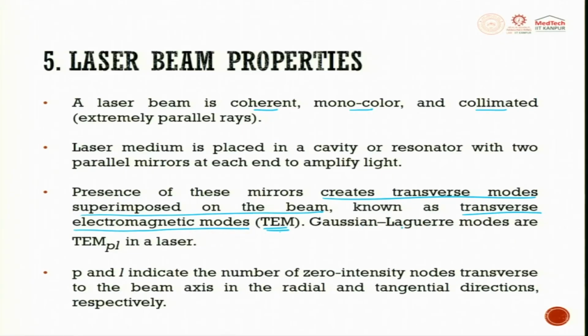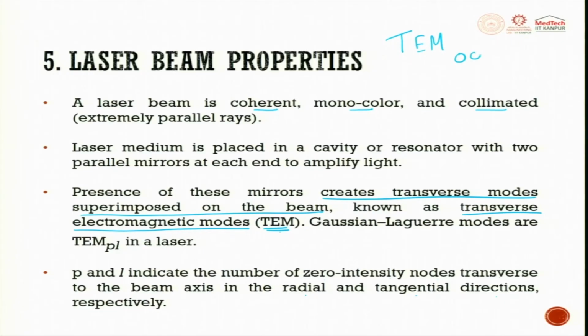Gaussian Laguerre modes are given as TEM-PL in the laser. P and L indicate the number of zero intensity nodes transverse to the beam axis in the radial and tangential direction respectively. When you buy a laser, there will be a TEM 00 mode in the specification.